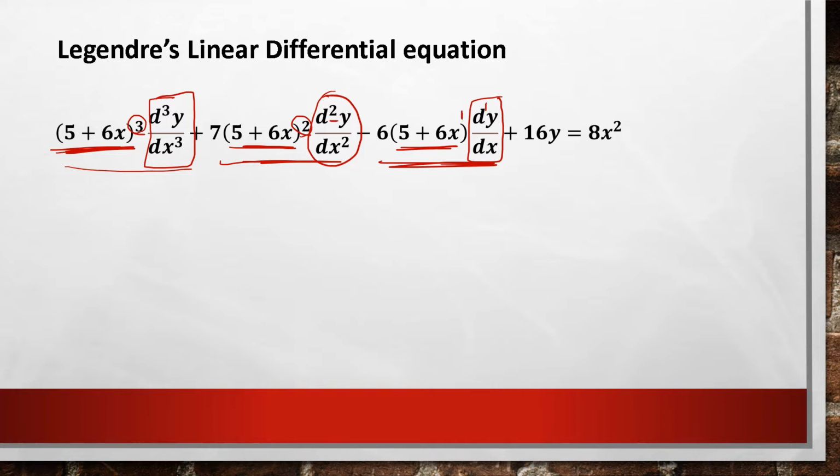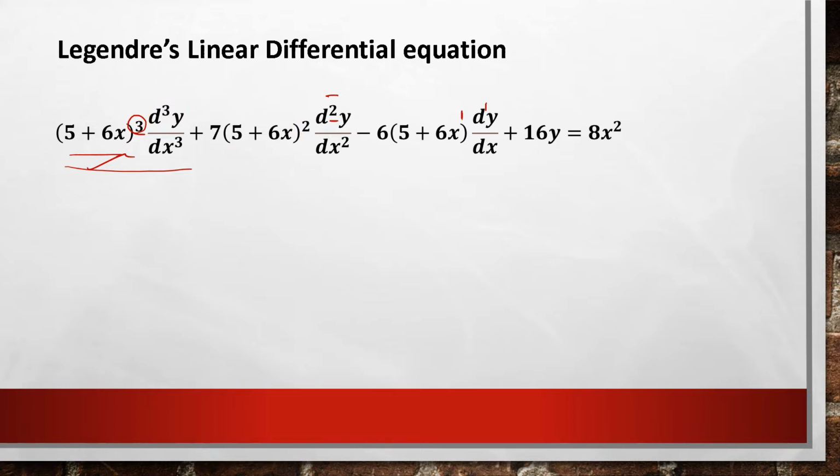So this is a special thing about Legendre's linear differential equation: the coefficient of each derivative will have one linear factor with the same power as the order of the derivative, and this factor will be the same. Like 5 plus 6x is the same for all these three derivatives. And one more thing, along with this you may have some constants also.